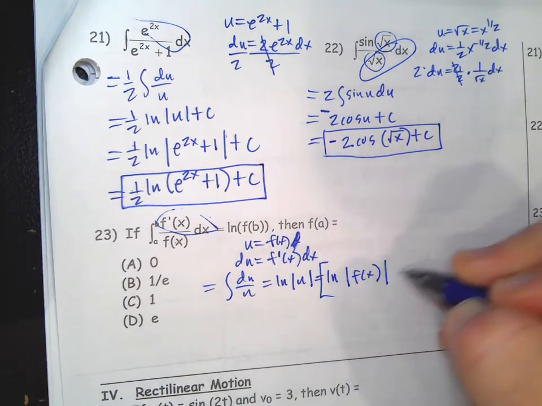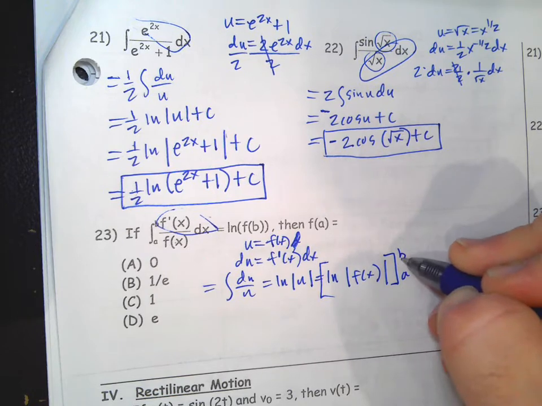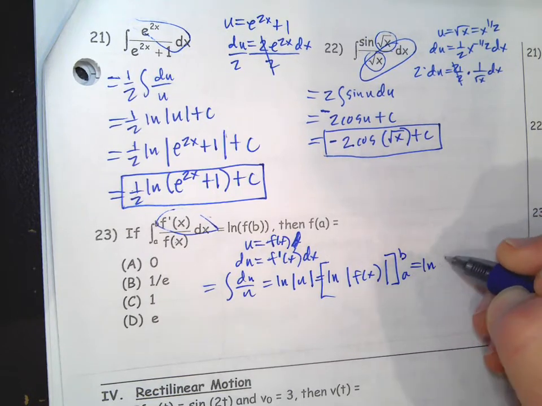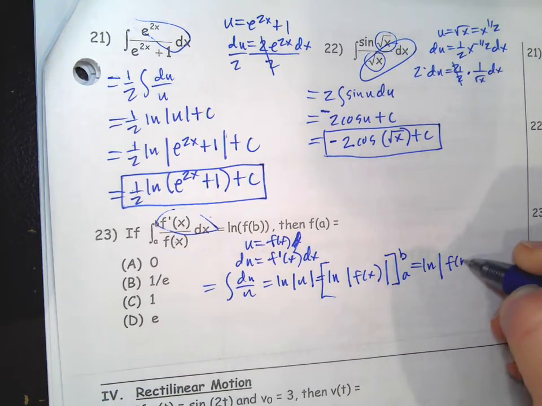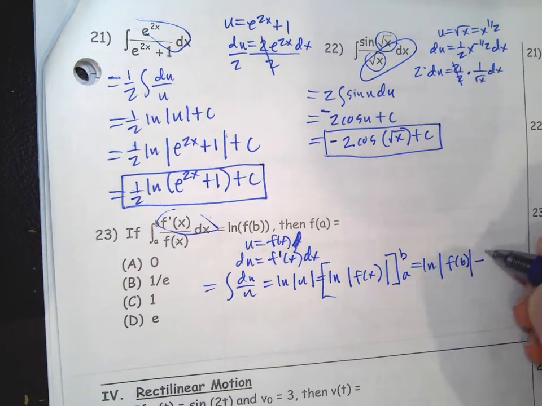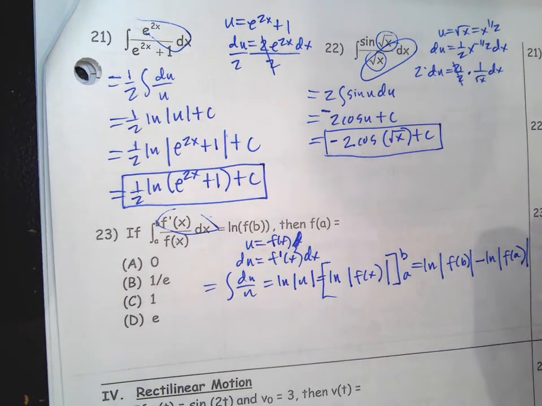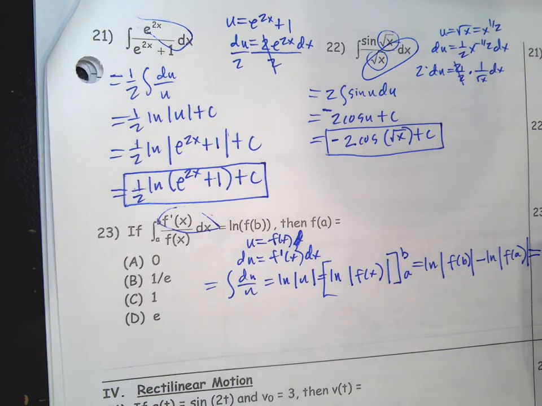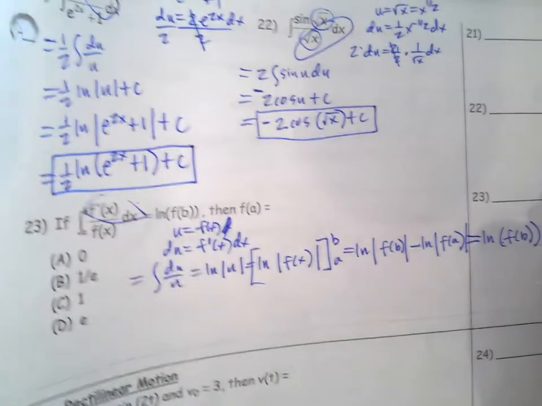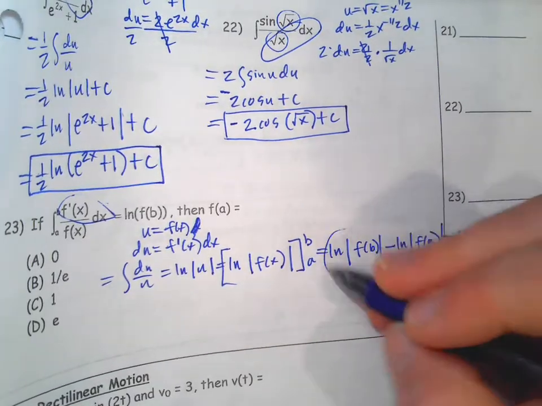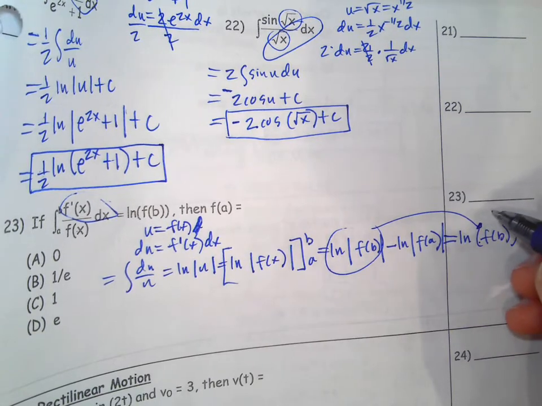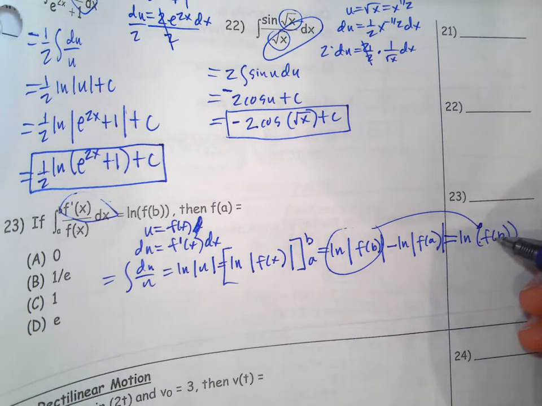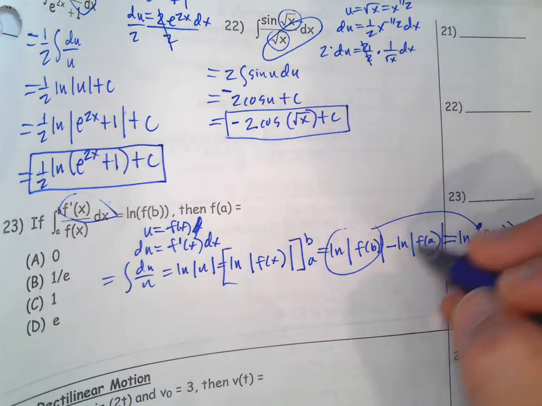Now this is a definite integral, so we've got to plug the limits in. So we get natural log of the absolute value of f of b minus natural log of the absolute value of f of a. And they're telling us that the answer is going to be the natural log of f of b. Now the only way that's going to happen is if f of b is positive, and this term goes away.